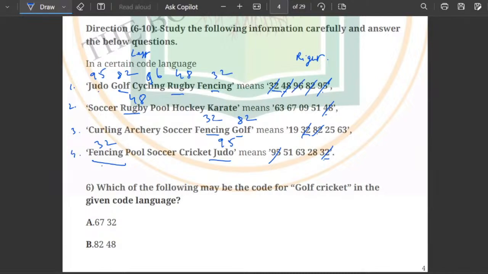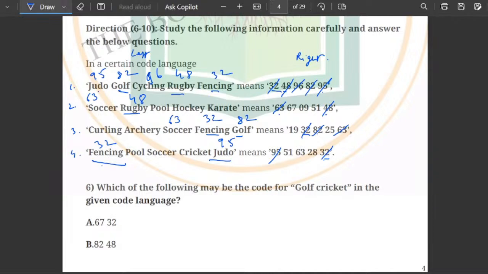Now, second and third. What is common in second and third? Soccer, pool, hockey, and karate. Curling, archery, soccer. Soccer is common in second and third. Similarly, 63 is common in second and third. We will strike out 63 and assign it to soccer. Now, pool, hockey, karate.